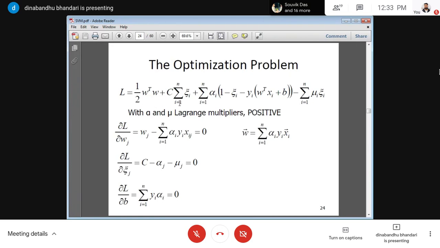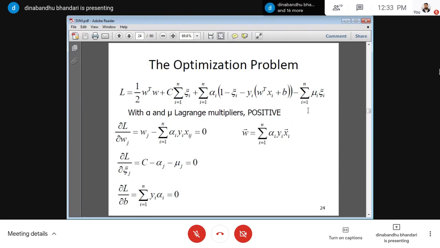This is the objective function we have written, and these are the constraints with alpha I. As I said, you convert xi I greater than or equal to 0 to minus xi I less than or equal to 0, and there will be another set of Lagrange multipliers, mu I. You are wondering, we got n parameters and now another n parameters, but it does not matter, I'm telling you.